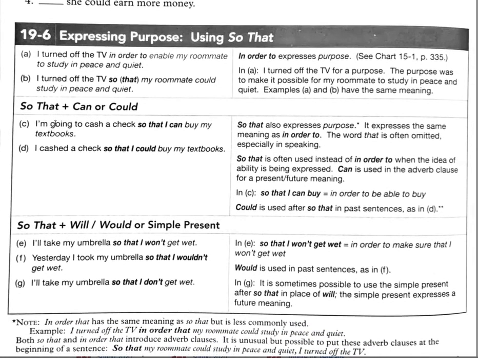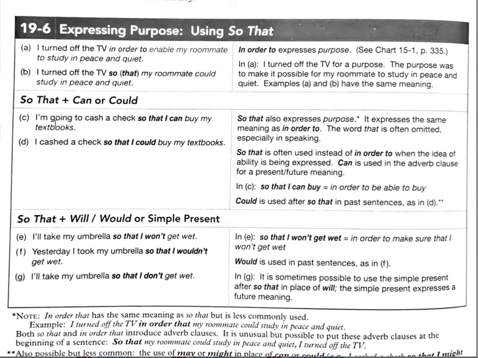So if we look at chart 19-6, we have expressing a purpose using so that. Letter A. I turned off the TV in order to enable my roommate to study in peace and quiet.